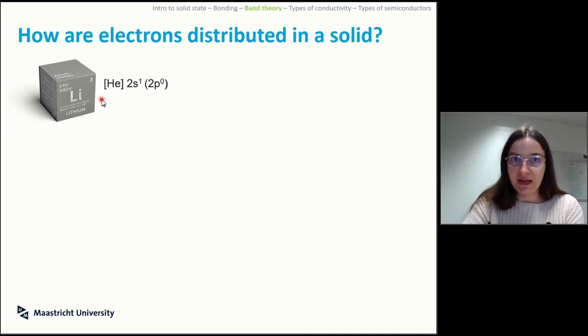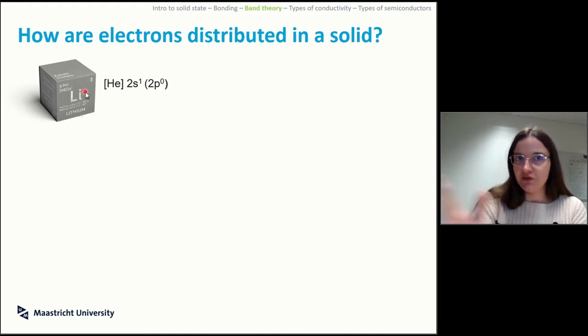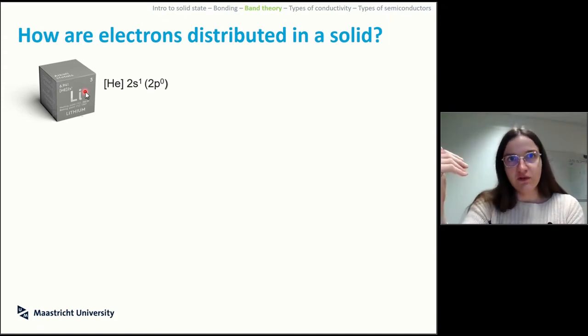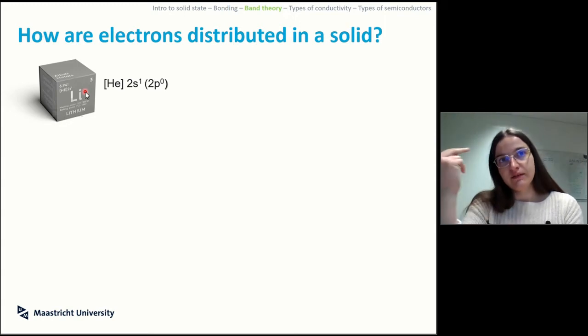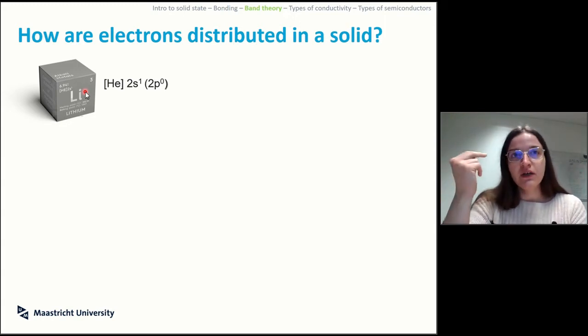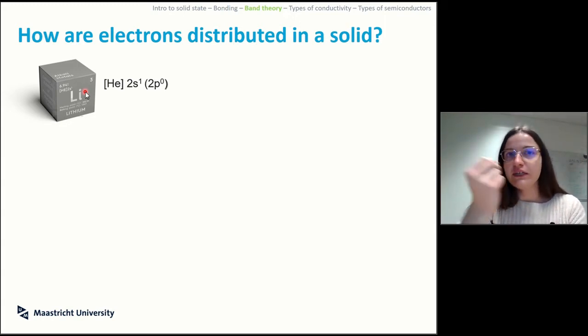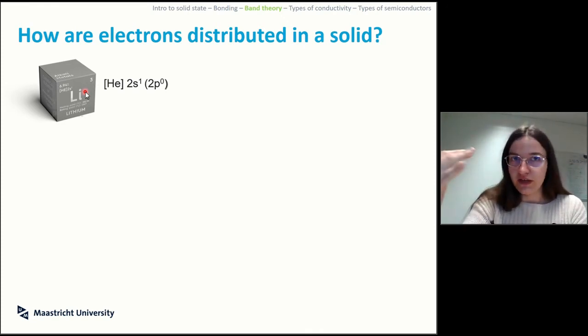Lithium has the electronic configuration of helium by itself, so it's like helium, but you add a 2s orbital with one electron inside, and if you go higher in energy, the 2p orbital is going to be completely unoccupied because there is no electron there.